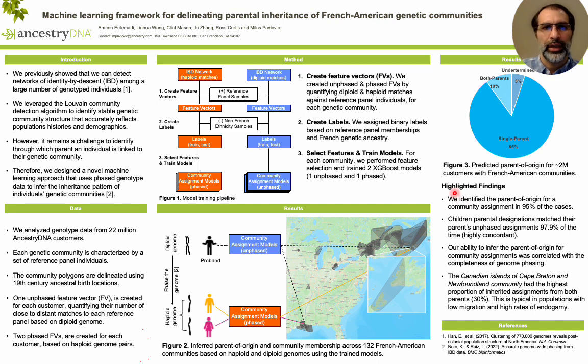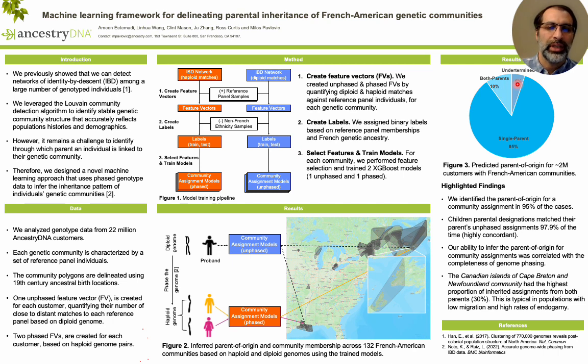Here are a few highlighted findings. One, we're able to identify the parent of origin in 95% of the cases. 85% of the cases were single parent origin assignments, and 10% were coming from both parents.